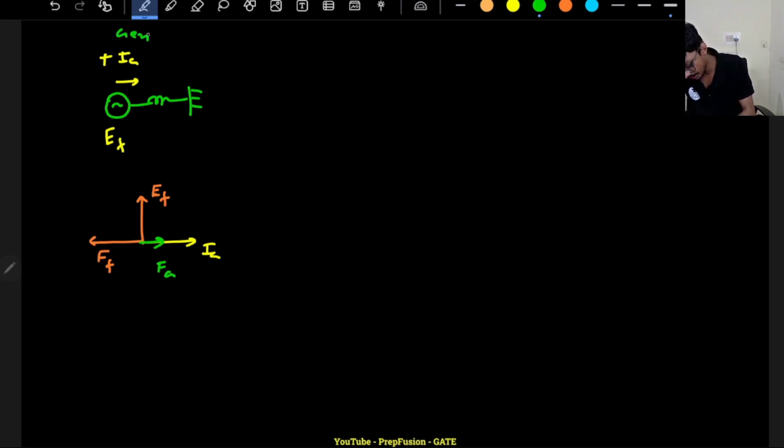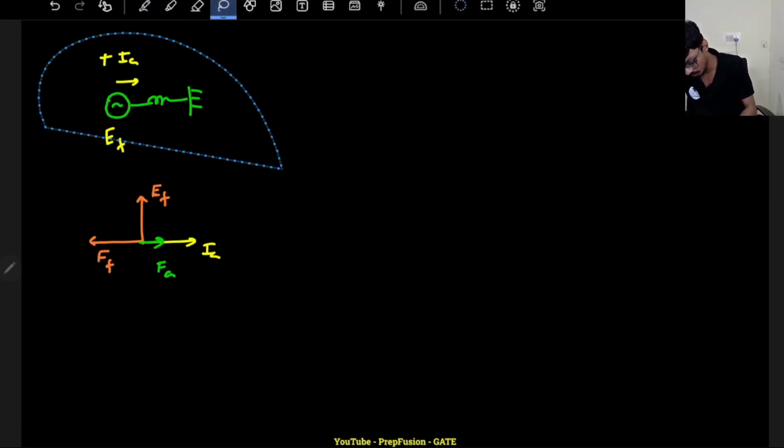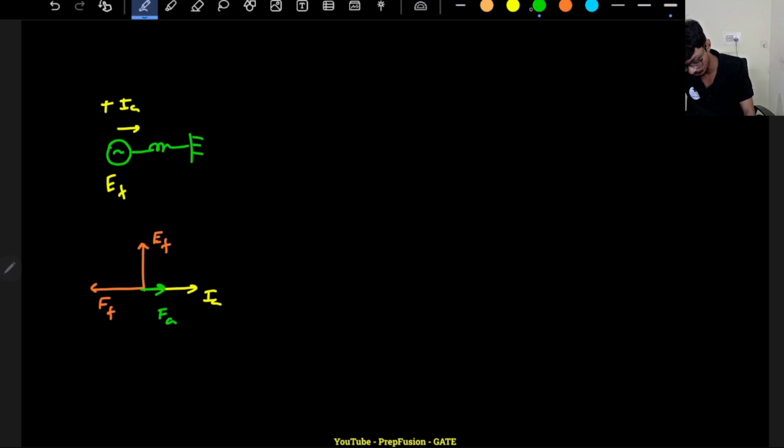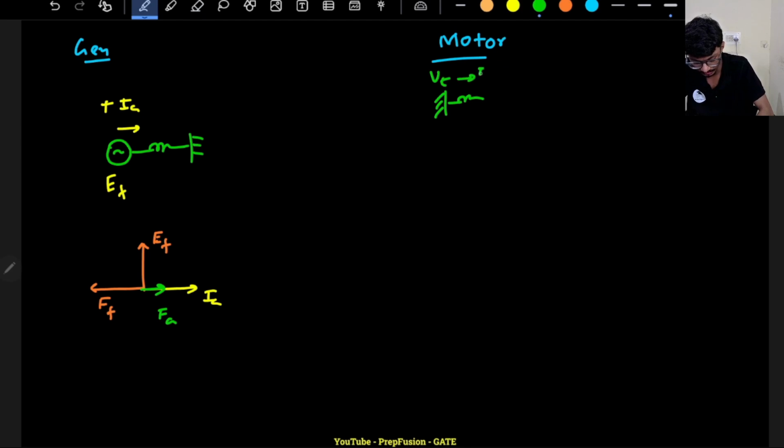Now the same thing, how can I write it for a motor? For a motor, a bit different things will be there. If you see, now Vt is here and Ia is coming out of Vt and going into the motor.